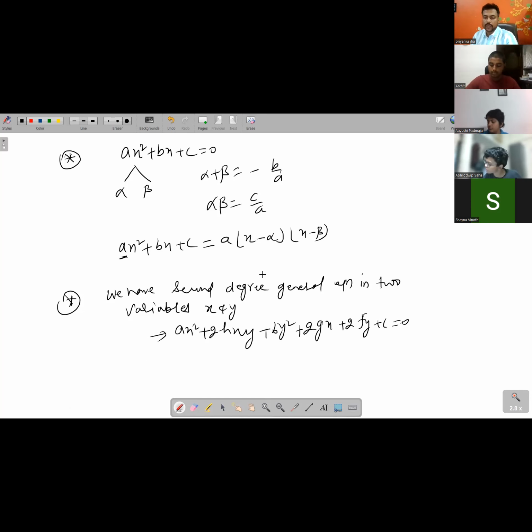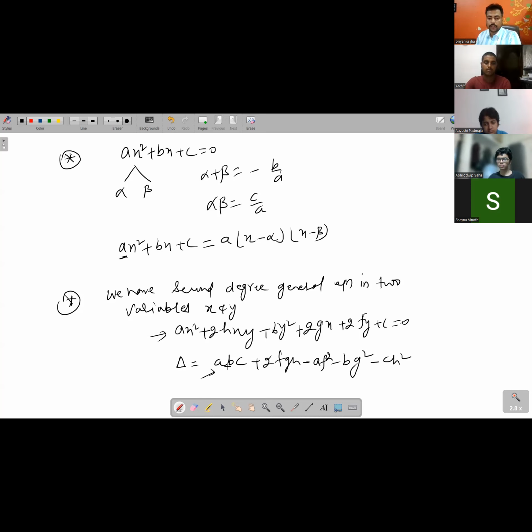So we will be asked whether this equation can be expressed in two linear factors or not. The only condition that we need to remember is we have to find delta, that is abc plus 2fgh minus af squared minus bg squared minus ch squared.